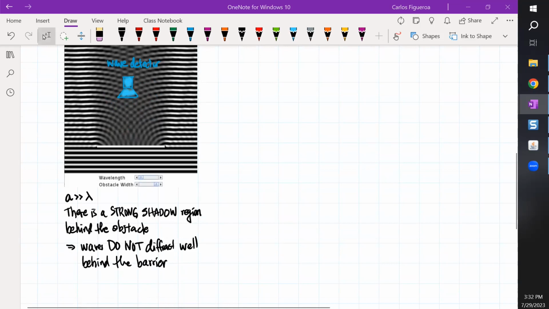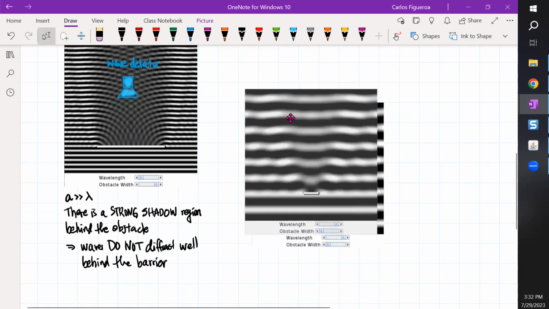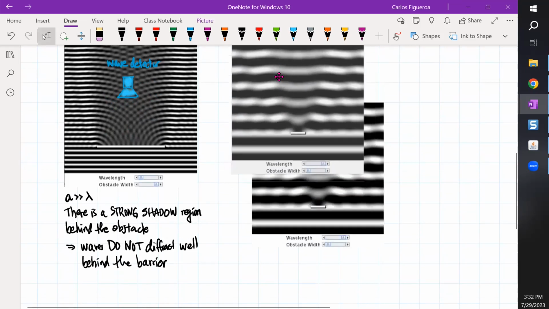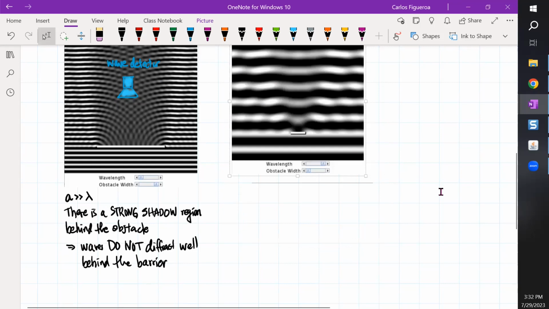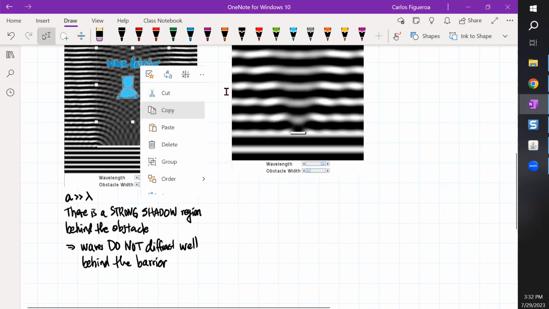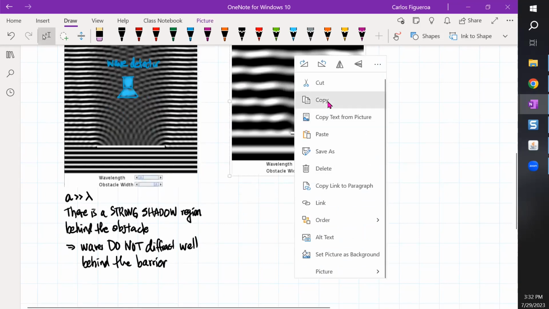Then we looked at the other situation where we had this guy now. And what we're seeing here is that one more time, what I can do is copy my wave detector and place it right here.